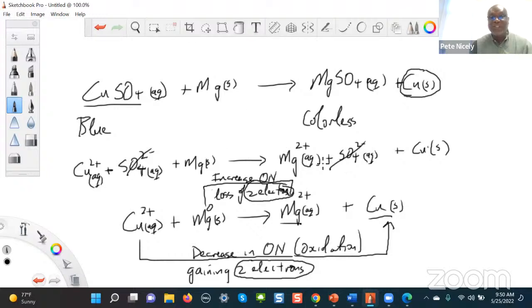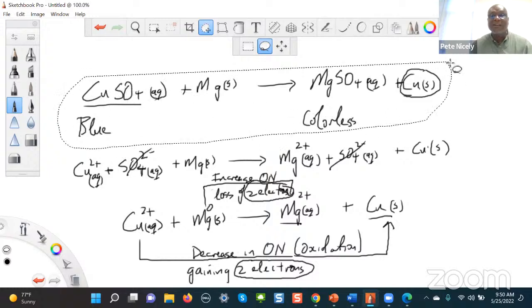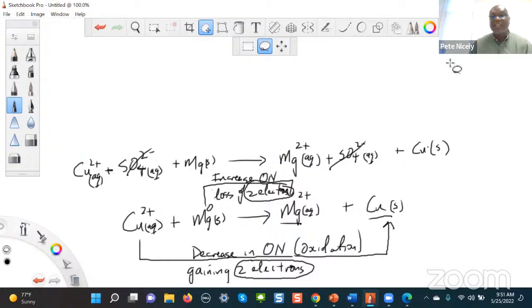There's one more thing I want to show you, another way of representing the redox changes. Let me lasso this here and delete it. Okay, so what I'm going to do is write down what we call half equations to show you the oxidation and reduction taking place.